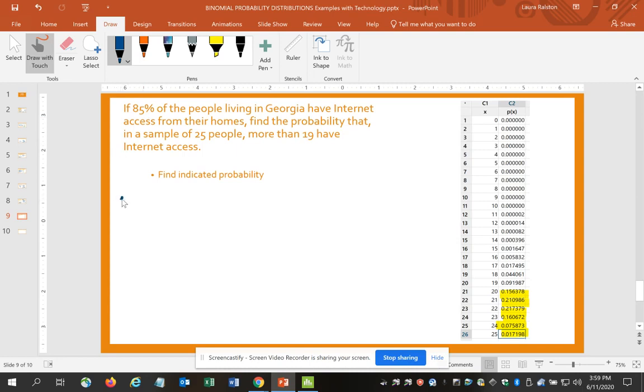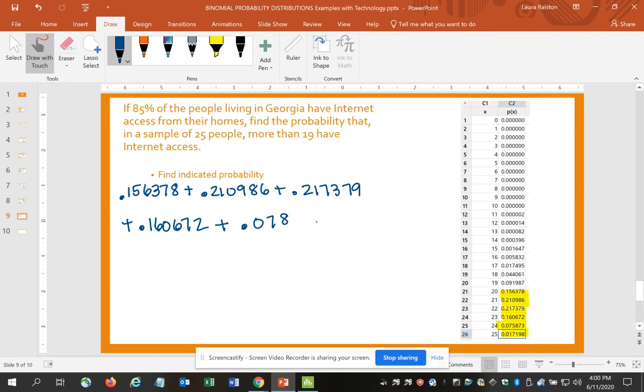So adding them together, I have 0.156378 plus 0.210986 plus 0.217379 plus 0.160672 plus 0.075873 plus 0.017198. Okay, so then we're going to use our handheld calculator.